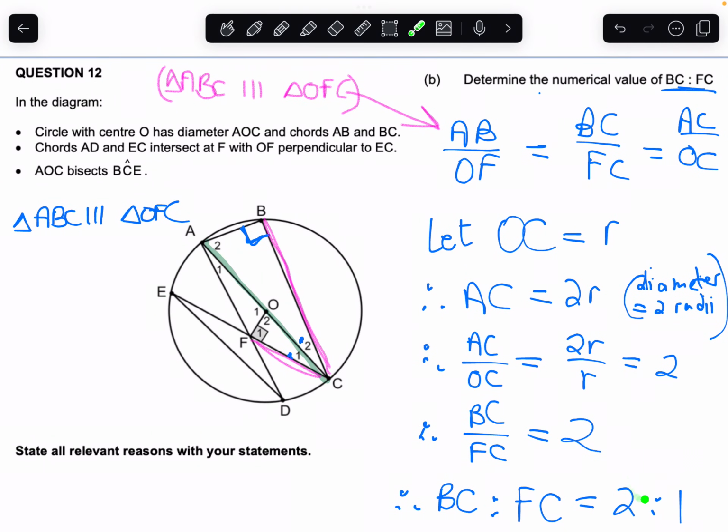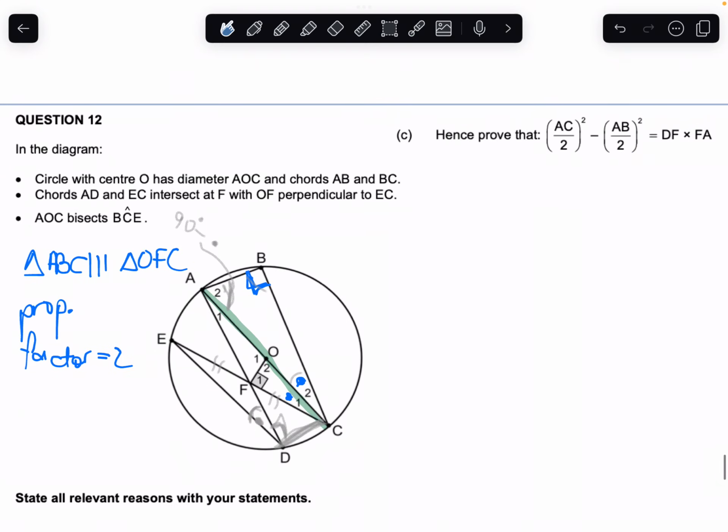in this question AC over 2, AB over 2, but then we're checking if it's equal to DF times FA, it felt like this triangle is too distant from the sides on the other side of the equation.